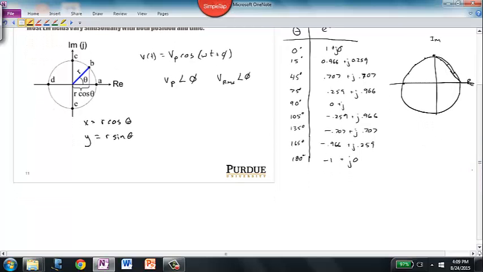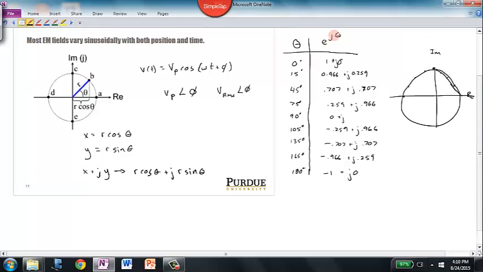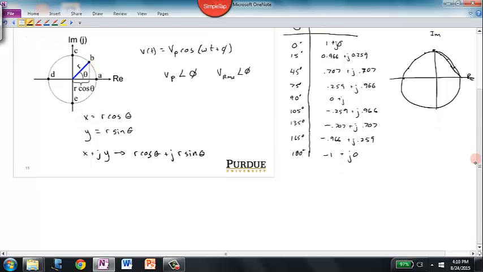So the location of any point on a circle can be written as x plus jy, the x value of that point plus j times the y value of the point. I could easily write that as r cosine theta plus j r sine theta. Over here I demonstrated that e to the j theta is also the location of any point on a circle.